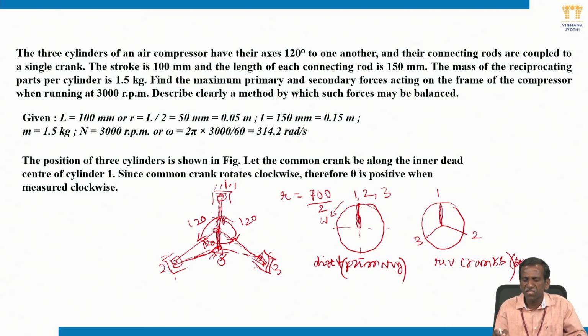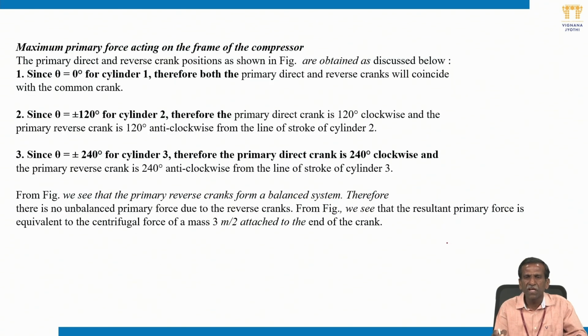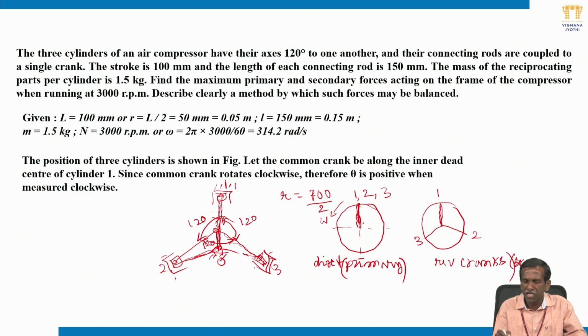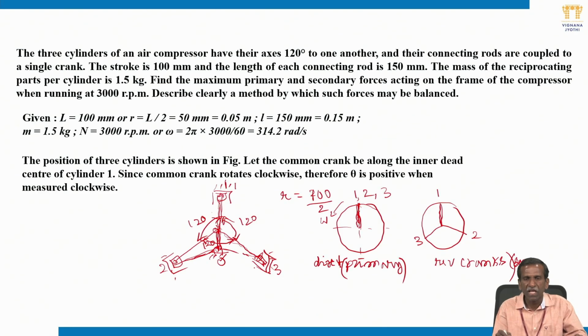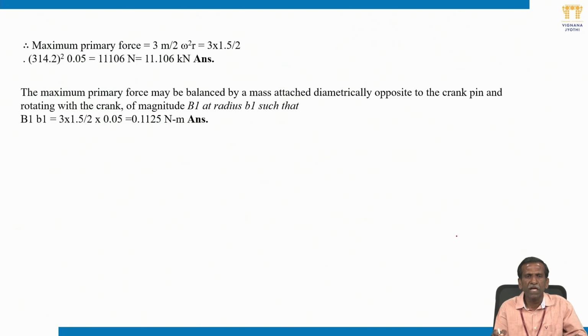And for the direct cranks, we see that the resultant primary force is equivalent to the centrifugal force of mass 3 times m/2 attached to the end of the crank. We are going to attach primary m/2 and secondary m/2, so 3 times m/2 attached to the end of the crank in each case, for the primary direct cranks and the reverse crank.